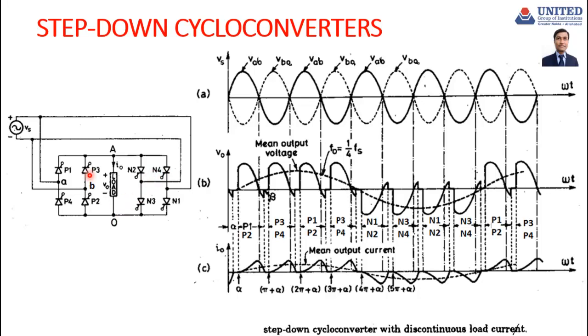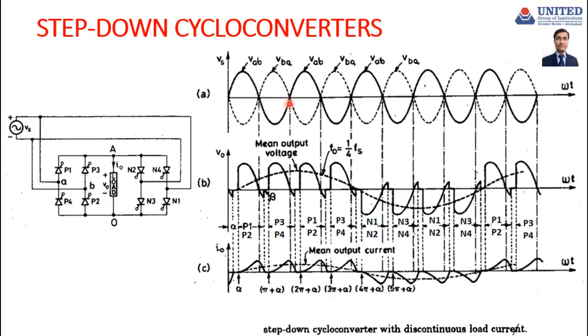When P3 and P4 are triggered at omega t is equal to pi plus alpha, then these devices P3 and P4 will be turned on, and then current starts to flow in positive direction, and in this case current will follow the path small b, P3, load, P4 and small a.